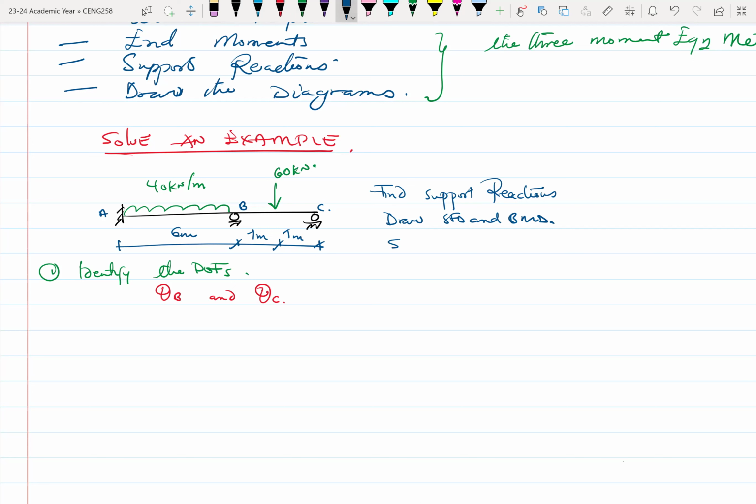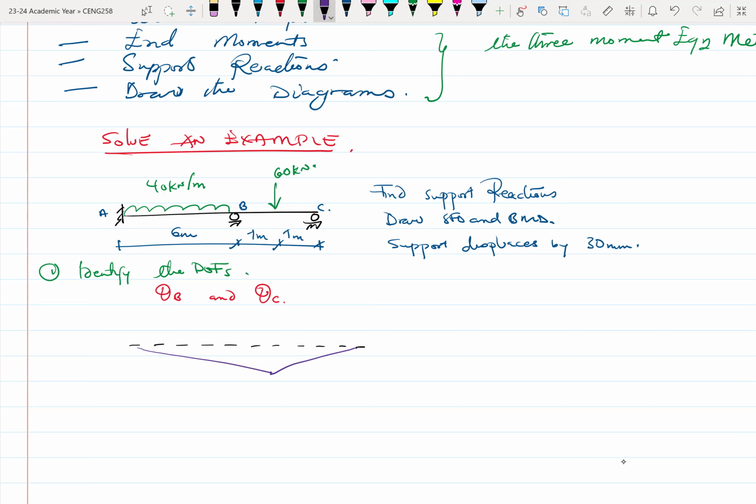Let's say support B displaces by 30 millimeters. What this simply means is that when you look at your structure in reality, this is how it will end up looking. This is the initial position of the beams, and then this goes down this way.